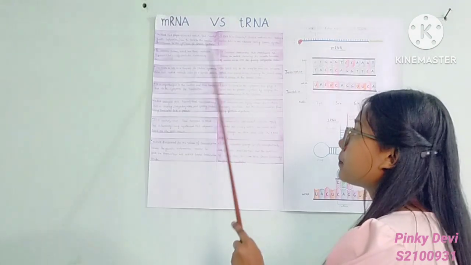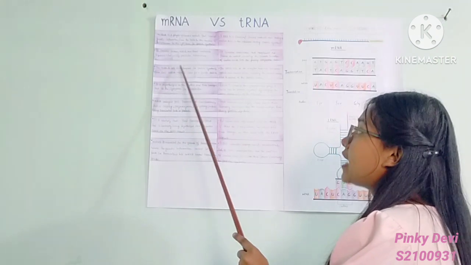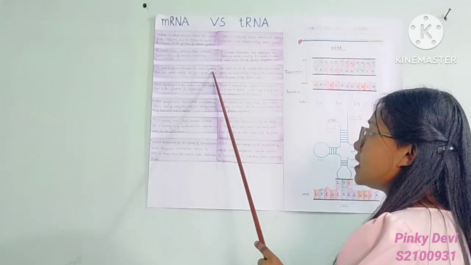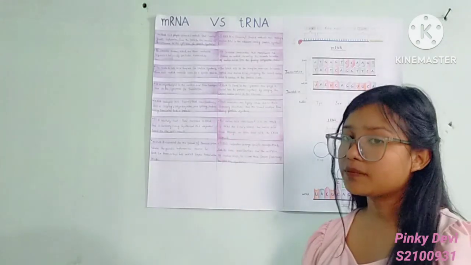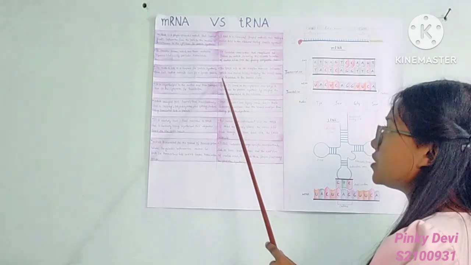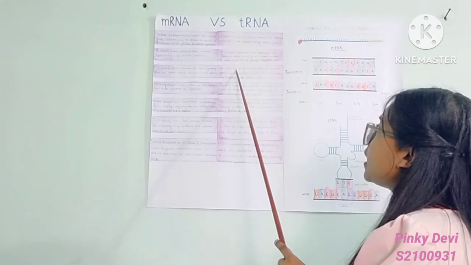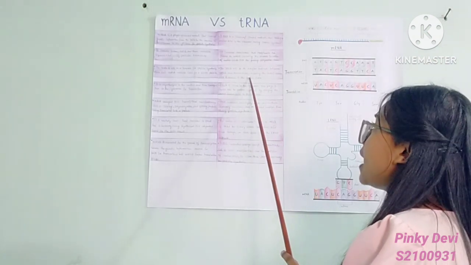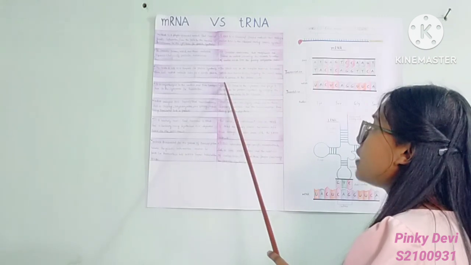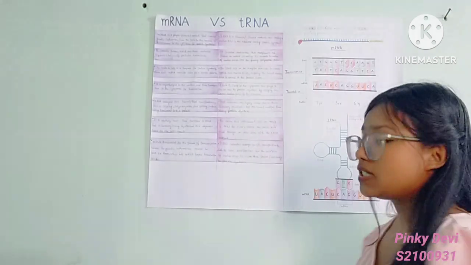The mRNA acts as a template for protein synthesis, where each mRNA molecule codes for a specific protein. And the tRNA acts as an adapter molecule between mRNA and amino acid, ensuring the correct amino acid is added to the protein chain.